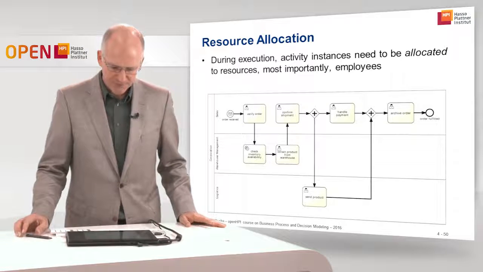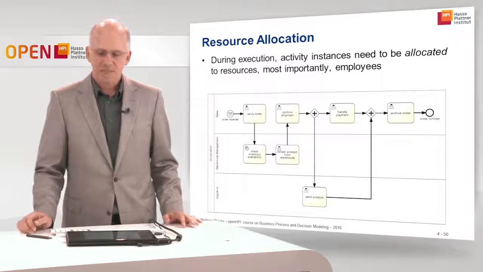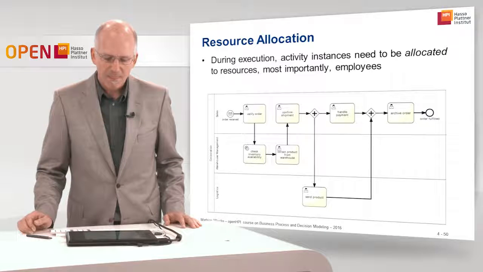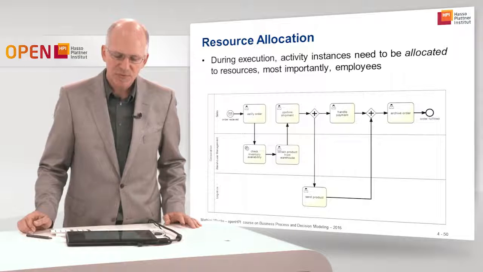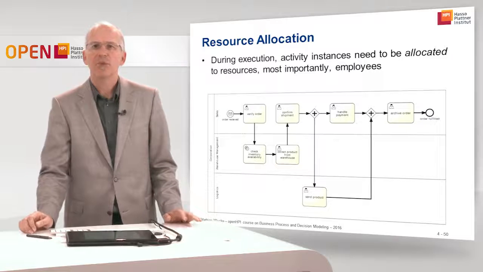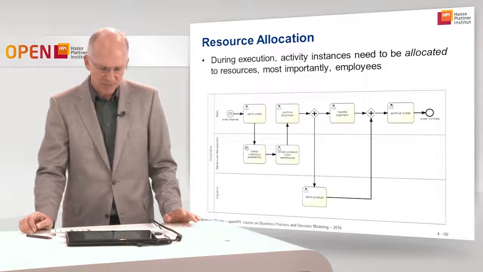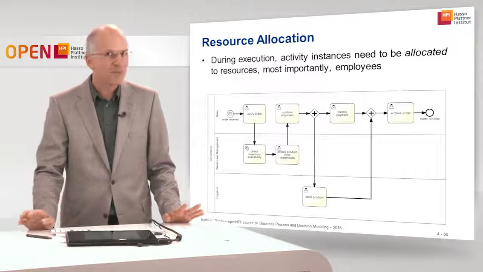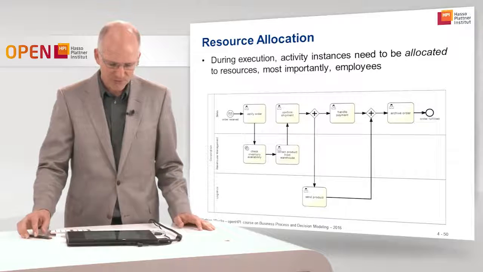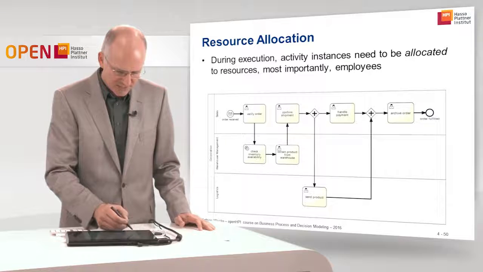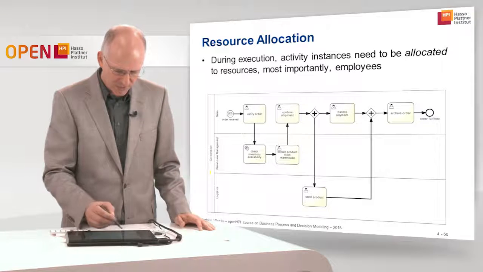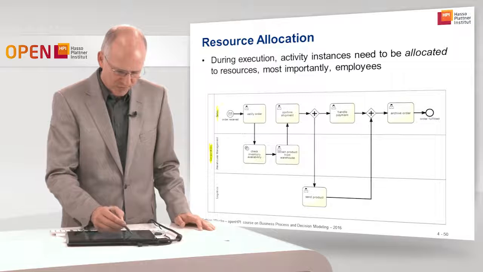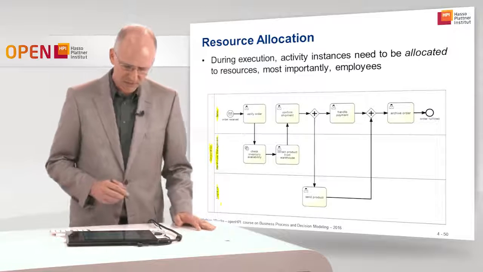So, during the execution, activity instances need to be allocated to resources, most importantly to employees. We have the process model, a simplified variant of the one we've seen before. We have a corporation with sales, warehouse management, and logistics.